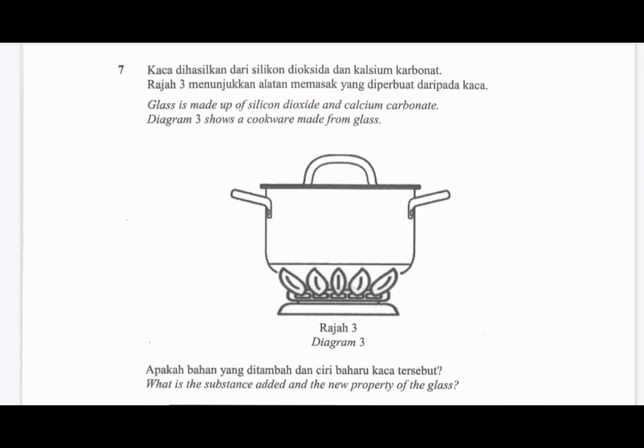Okay, question 7. A glass is made up of silicon dioxide and calcium carbonate. What is the substance X and the new property of the glass? Okay, from the diagram, it is definitely a cookware.